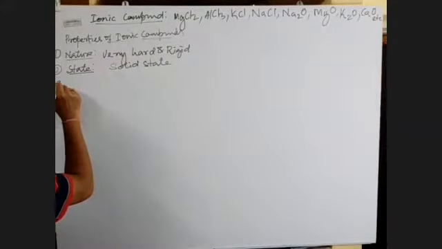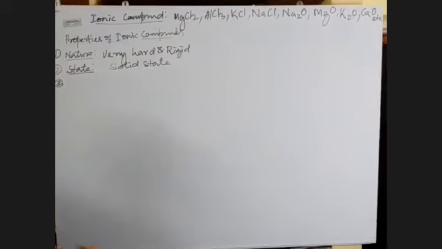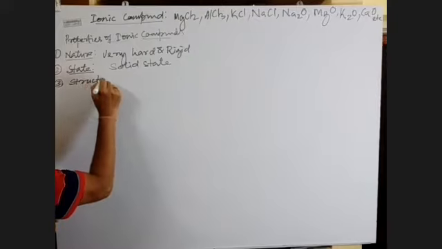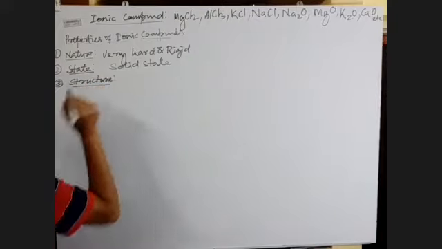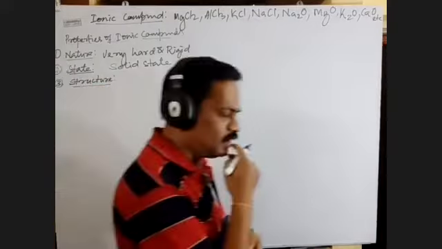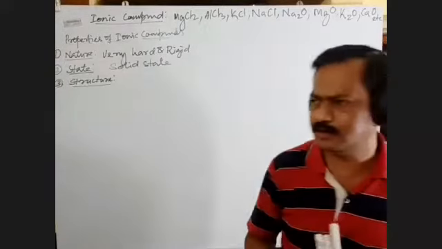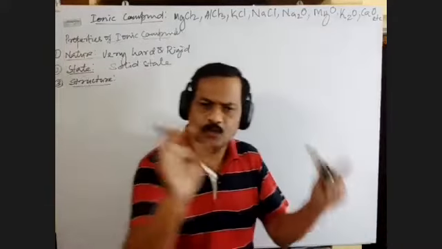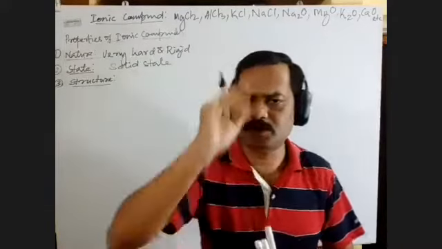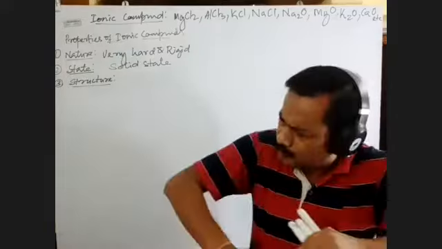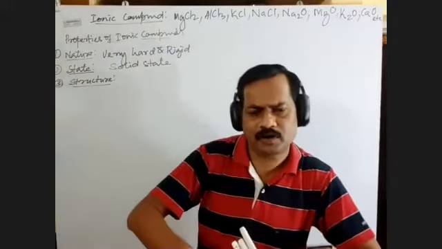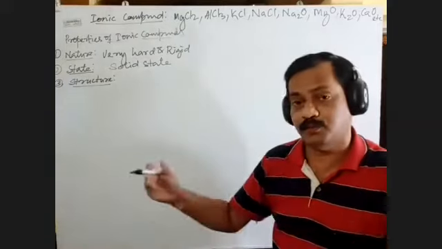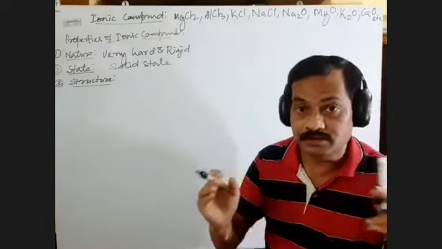The third point is about the structure. So what is the structure of these compounds? Whenever sodium chloride or any ionic compound is formed, it cannot form as one molecule. It forms a multiple number of molecules, or you can say an infinite number of molecules at a time, which we call a giant molecule.